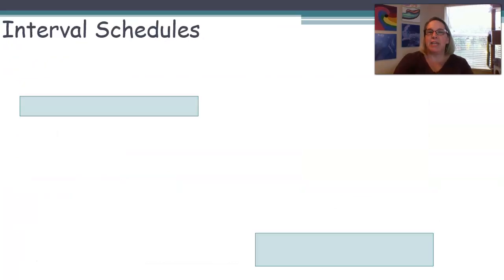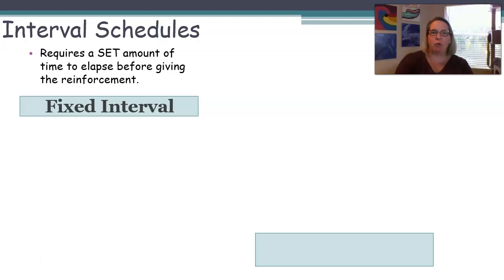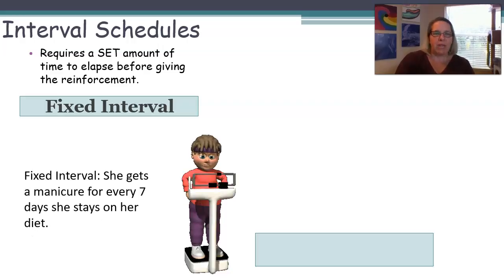The next set are interval schedules. So again, we have a fixed interval. The fixed interval requires a set amount, highlight, circle, underline the word amount, of time to elapse before giving the reinforcement. Please highlight amount of time. For example, she gets a manicure, our same example as before.